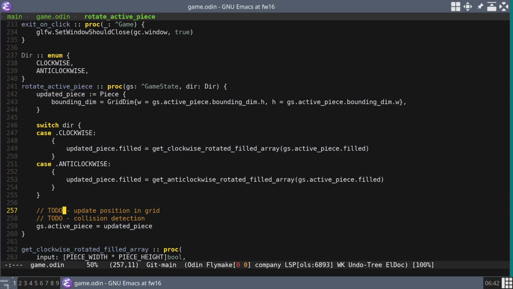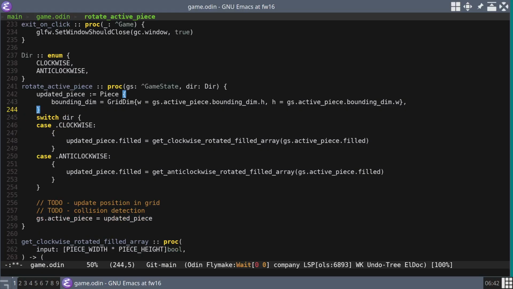So what did we do? We're saying rotate active piece. Do this. And then we update its filled. So we now have what the piece should look like.